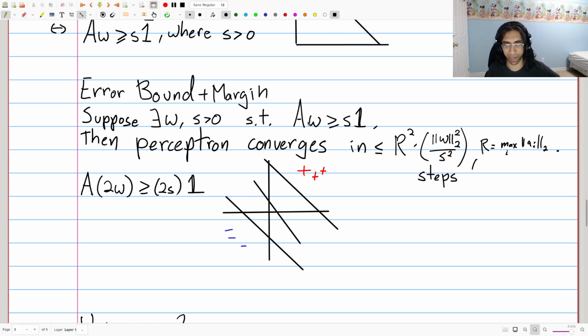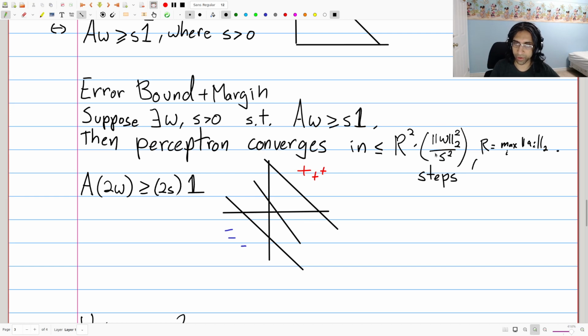Depending on the data set A, there may be many different parameter vectors W and S which would lead to this inequality being satisfied. Correspondingly, each of them would lead to a different term here, which gives you the norm of W divided by S, squared.